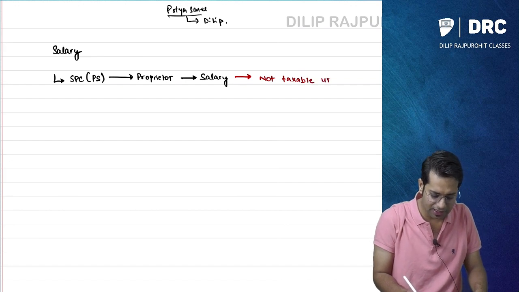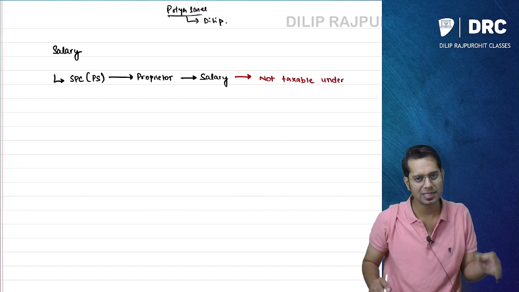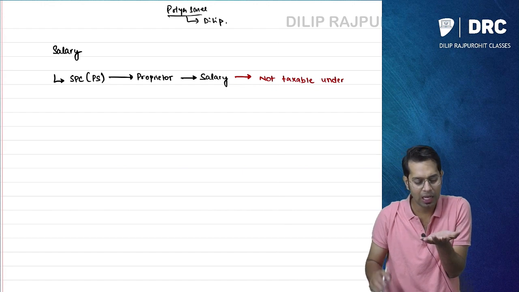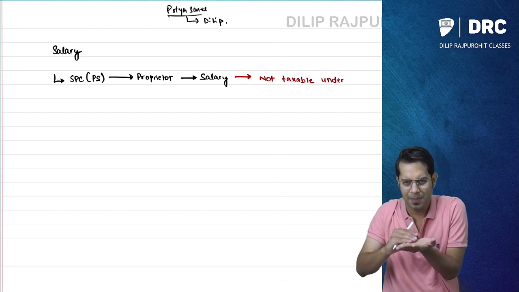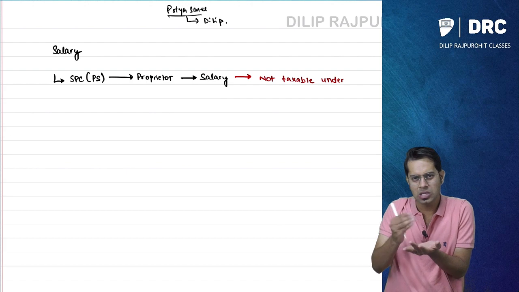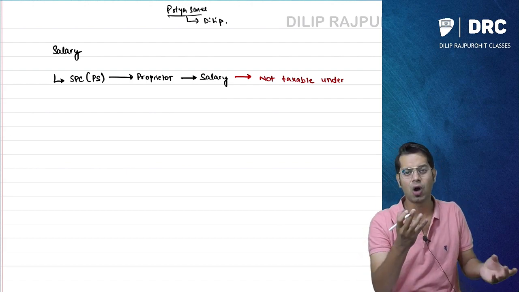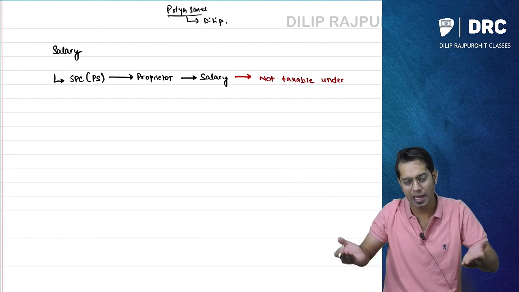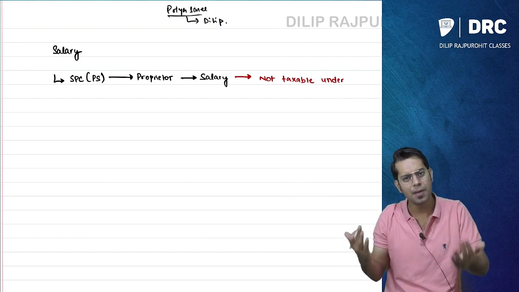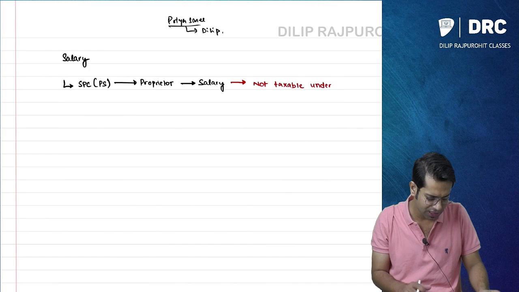Sir, why is it not taxable under salary? Arre, Priya Saris is a sole proprietorship concern. Dilip is the owner of Priya Saris. If Dilip is the owner, how can I pay salary to myself? I am only the owner, and I am paying salary to myself. This is not allowed.